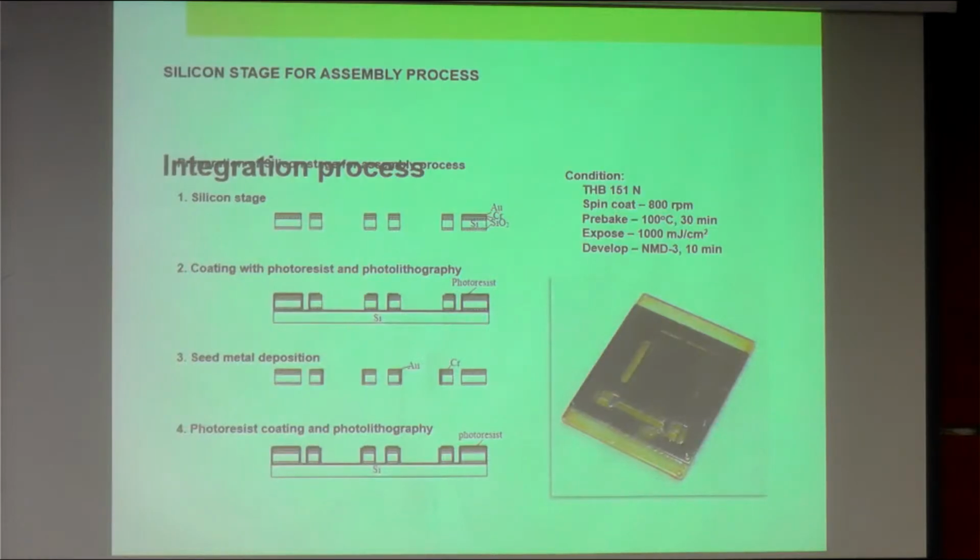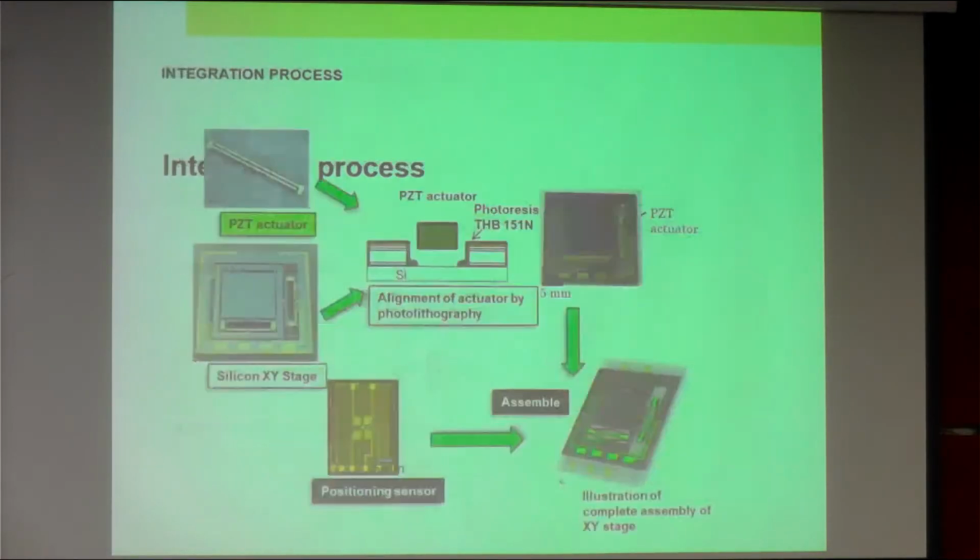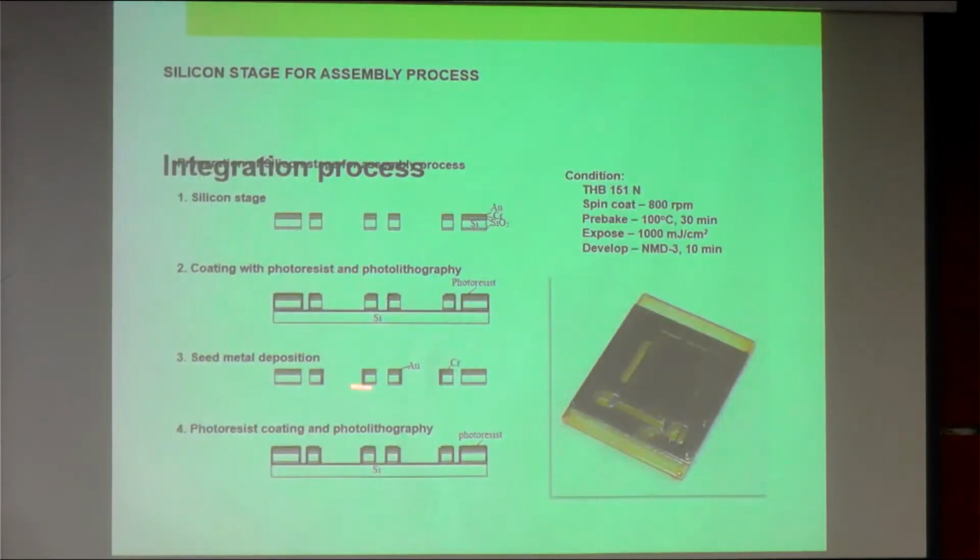So for the process of integration, we have to prepare the silicon microstage here. The silicon microstage needs to be processed again. This is quite challenging because everything is at a dimension of, for example, 50 microns, so it needs to be handled with care, especially when you do the spin coating to deposit photoresist on top of this material.